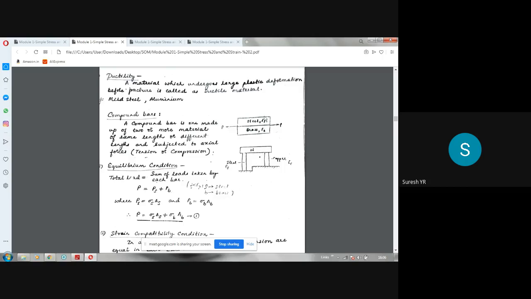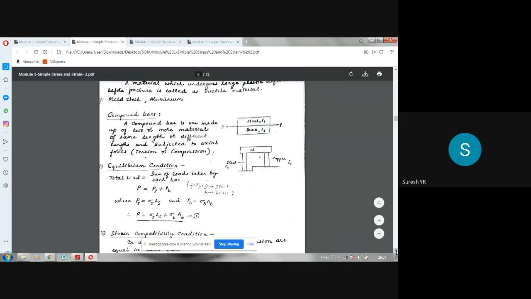So you can write total force P is shared by these two. We know that force is equal to stress into area. So P_S is sigma_S into A_S. Sigma_S is the stress in steel, A_S is the steel area, sigma_B is the stress in brass, and A_B is the area of brass. This is the equilibrium condition.